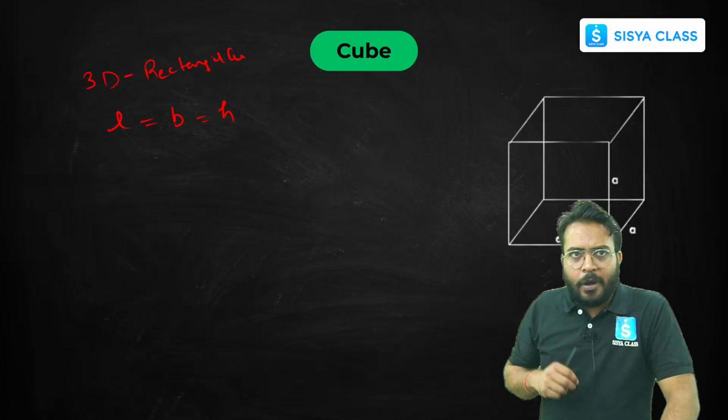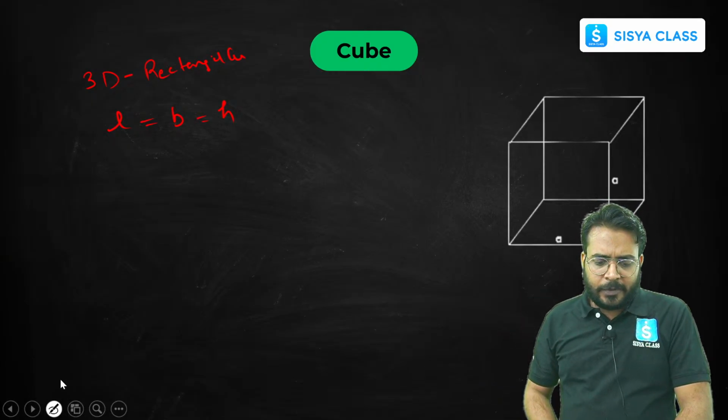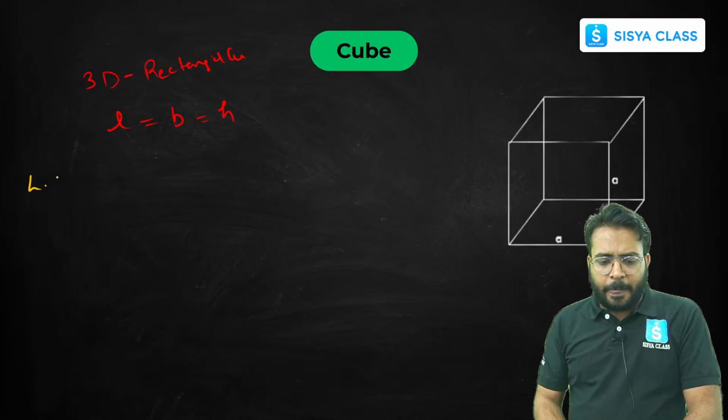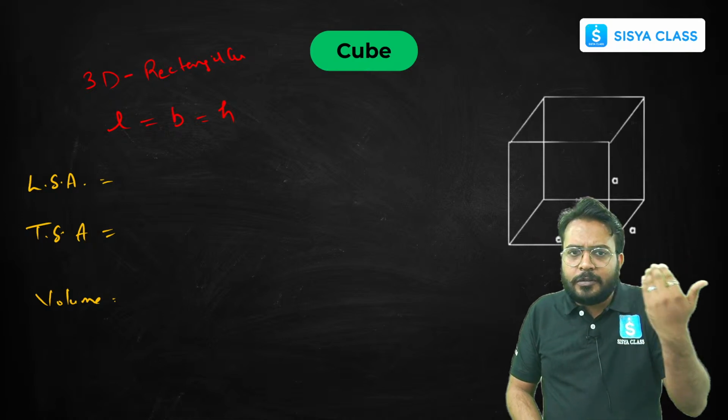Again we are going to find the same things: lateral surface area, total surface area and volume. Now we can use our formula, which we have derived.